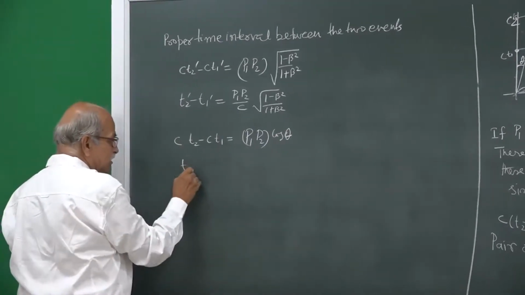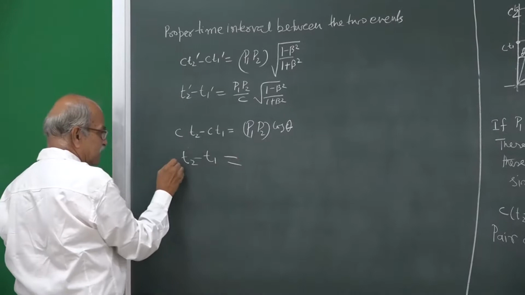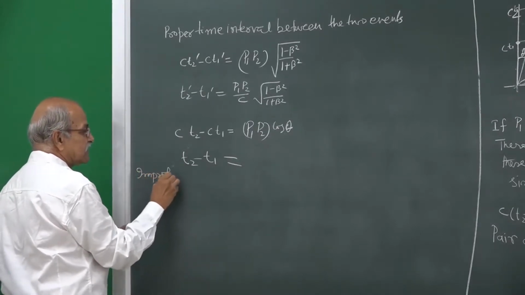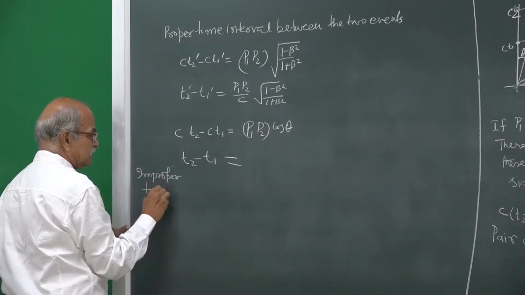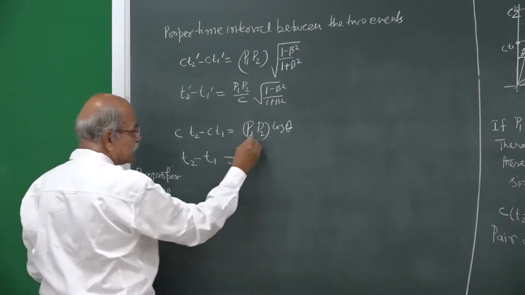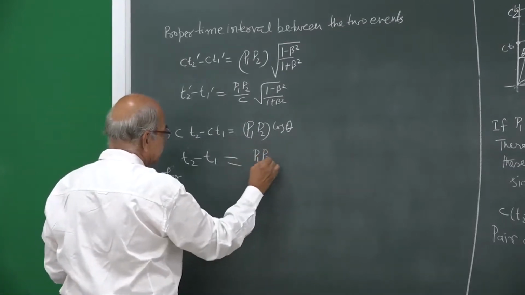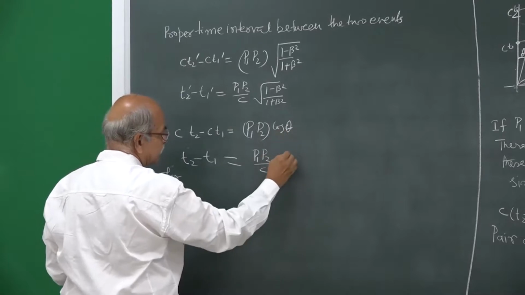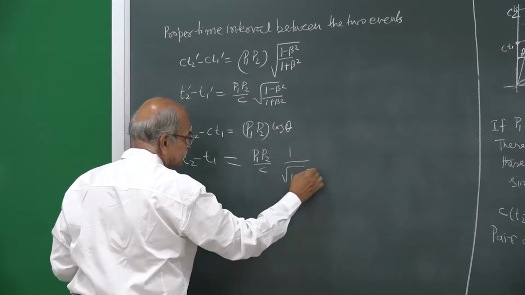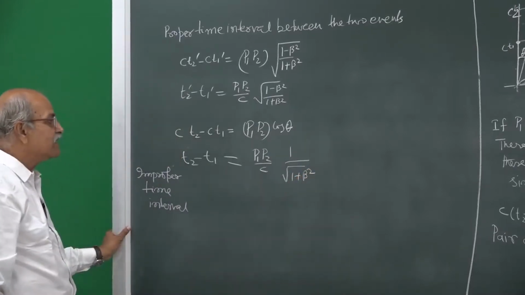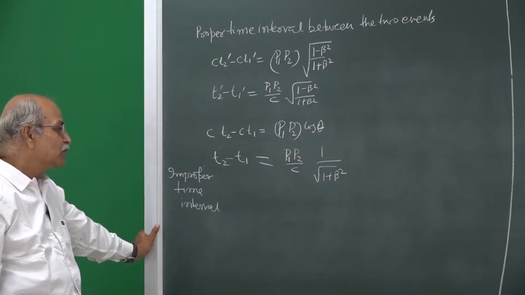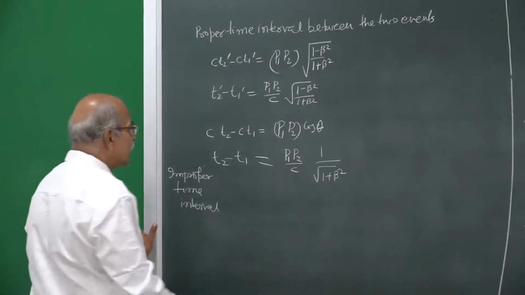So T2 minus T1, remember this is improper time interval, is equal to P1 P2 by C, and then cos theta, and cos theta is 1 by square root of 1 plus beta square. We have done it several times. Tan theta is beta, and therefore cos theta is 1 by square root of 1 plus beta square.